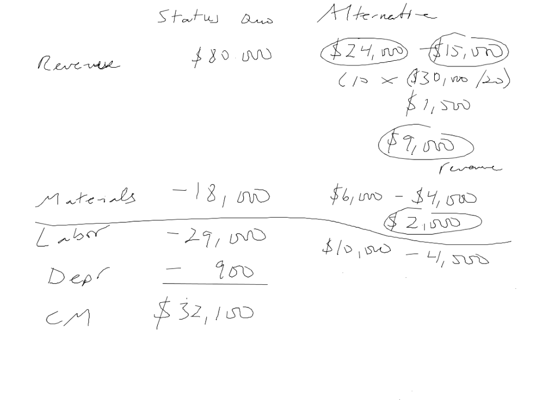And so half of $9,000 is $4,500. So that would give us $5,500 in labor. Sorry, it's not going to be completely lined up here.